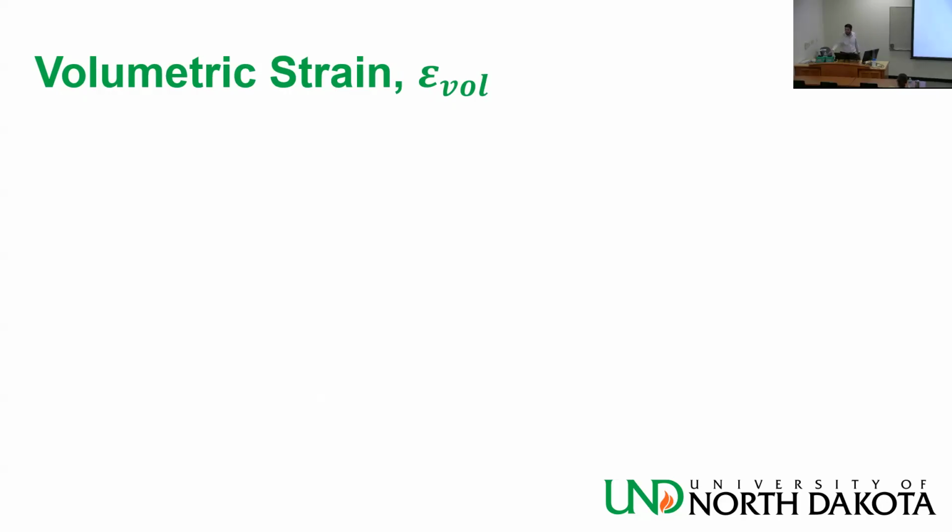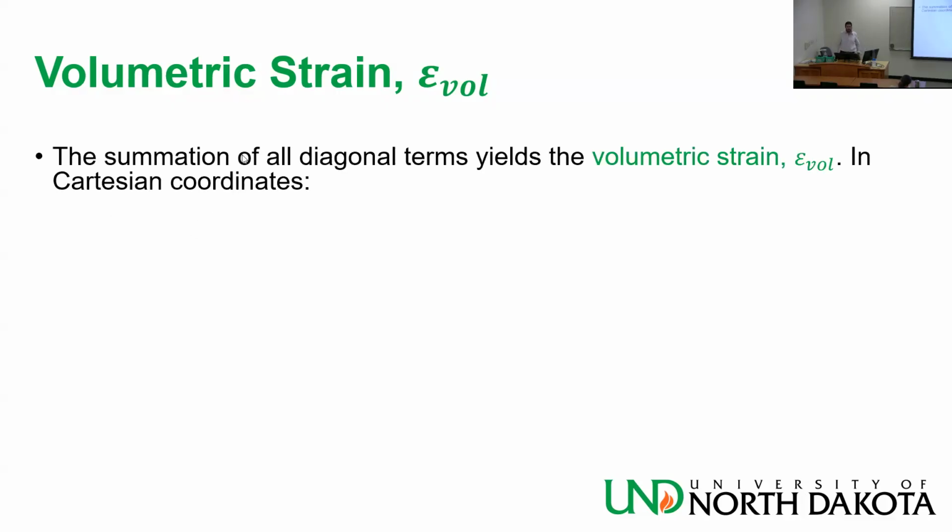I'm looking at it as a volume, not in three directions. Yes, it's an REV, it has three directions, but I can look at it as a volumetric strain, one value, combining everything into one. The summation of all diagonal terms yields the volumetric strain. In Cartesian coordinates, it's basically the addition of the three.